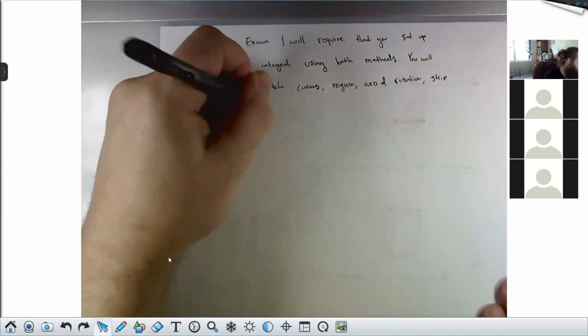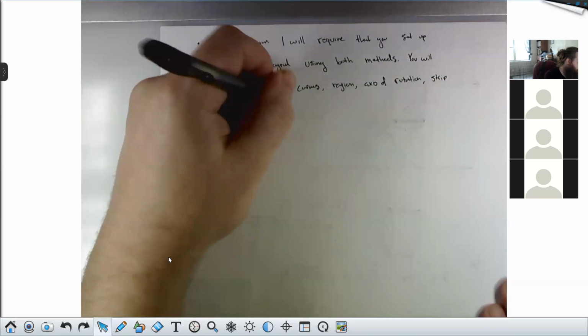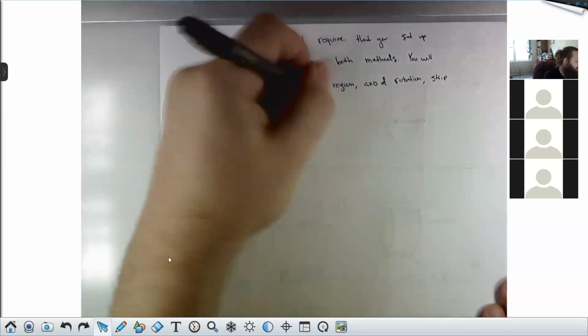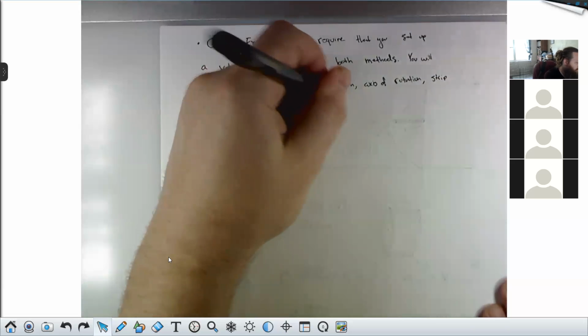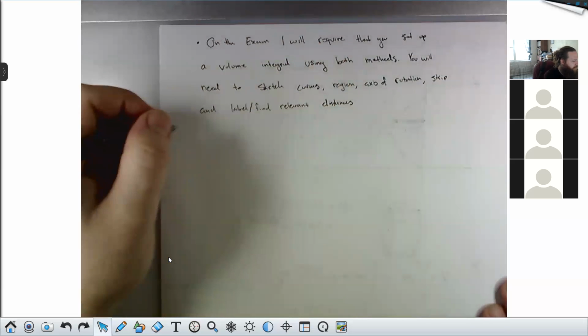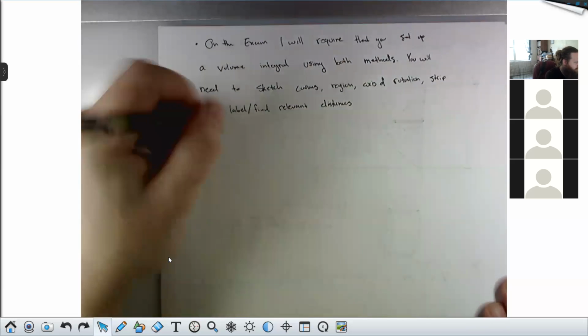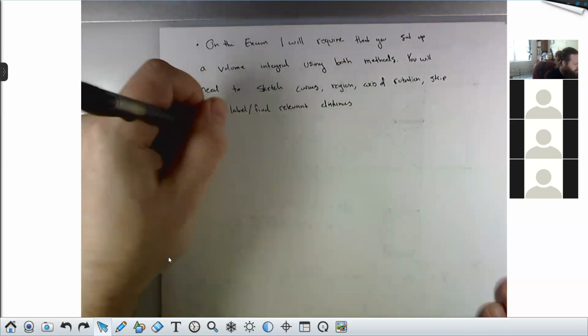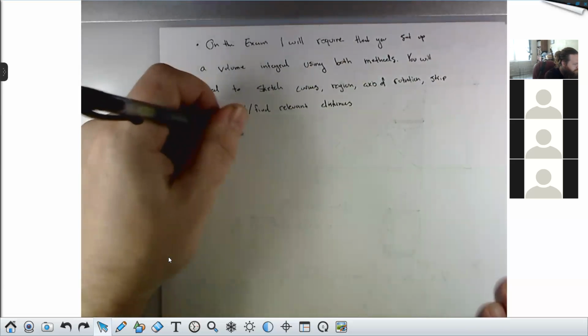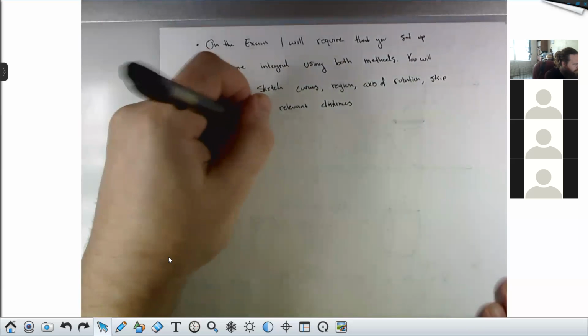Label and find the relevant distances. You will not have a graphing calculator. No graphing utilities of any kind.